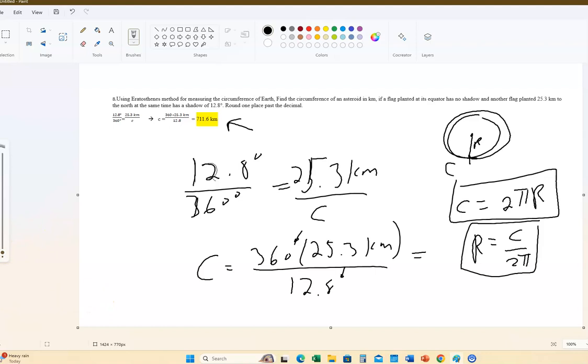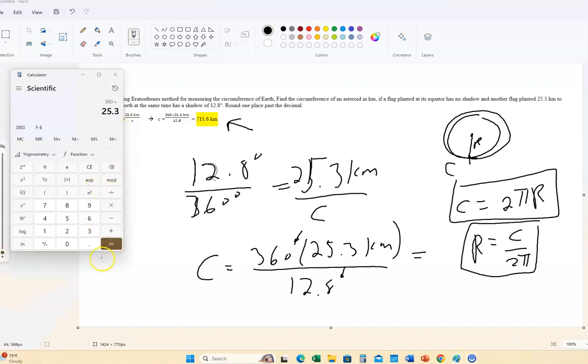At any rate, let me get the calculator out and try this. 360 times 25.3 divided by 12.8. That should give us our 700-something. That's the circumference. If we were to divide that by 2 pi, in this calculator I have to do it in steps, so divided by 2 equals, and then divided by pi.